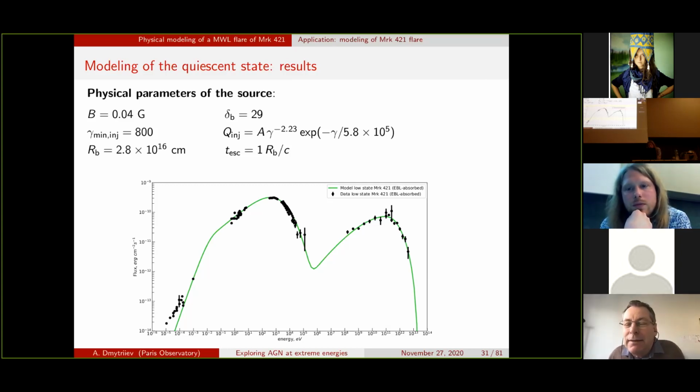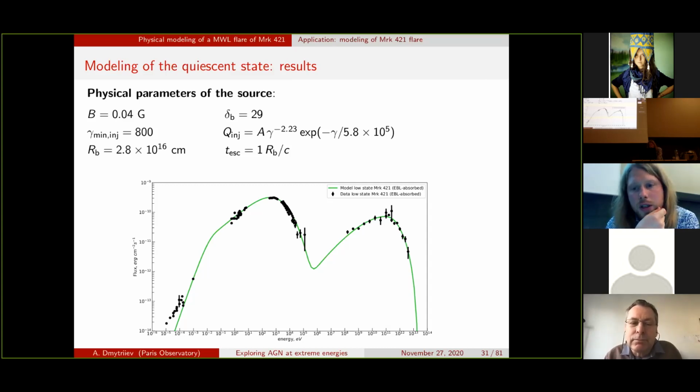Because for the quiescent state, the limit is less stringent. Well, it should be several tens. It can be very low, below 10, I think, and higher than 50, 60 would be quite too high, in my opinion.